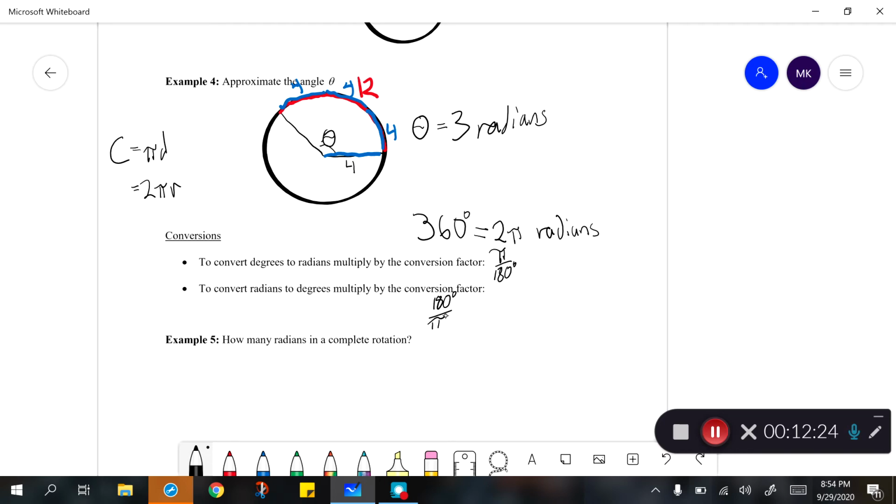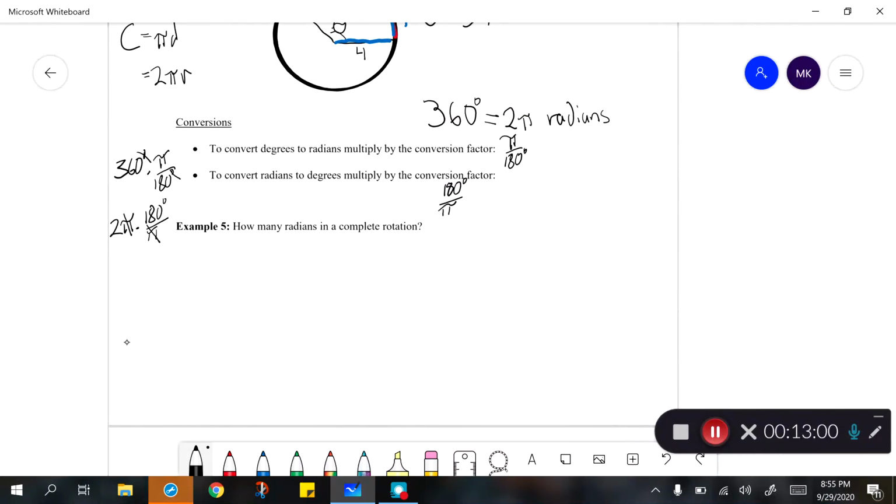So if I have, say, 360 degrees, and I want to convert this to radians, I'm going to multiply this by pi over 180 degrees because our degrees cancel each other out. If I have, say, 2 pi radians, I'm going to multiply this by 180 degrees over pi, so my pi's cancel out. Now, pi is not a unit here. It's actually the number pi, the number 3.14, but it can kind of work that way for us. So we can kind of build that up.